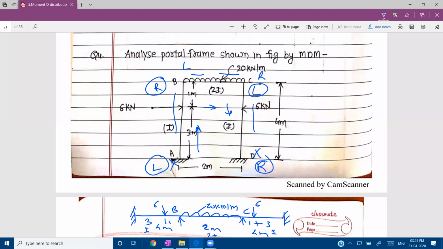For BC member at joint B, C is the far support which is again a joint. So whenever the far support is either fixed, or an intermediate support, or a joint of beam and column, at that time the value of K is going to be EI by L only.